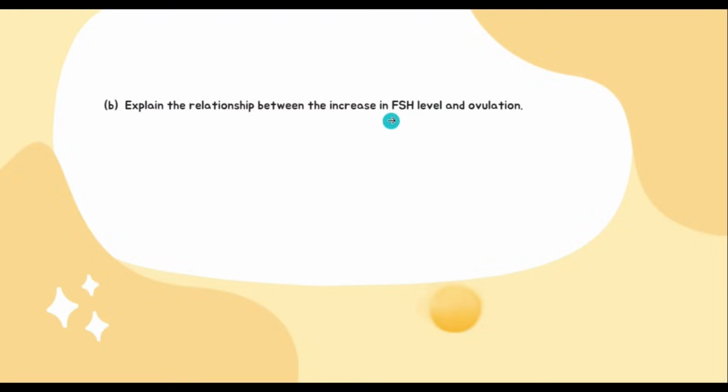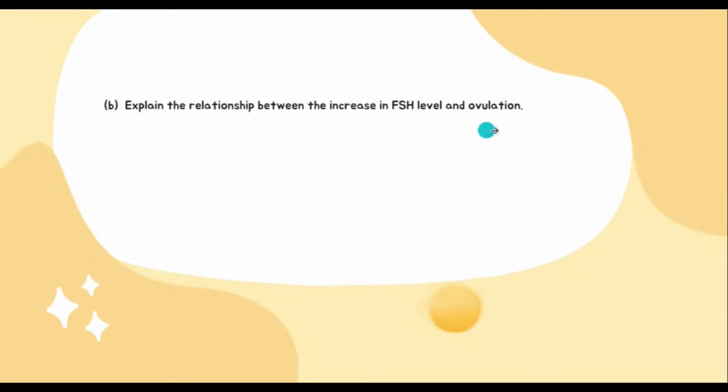Alright, what is follicle stimulating hormone? It is a hormone that stimulates the follicle development in the ovary. That's why its name is follicle stimulating hormone, because it stimulates the follicle development in the ovary.